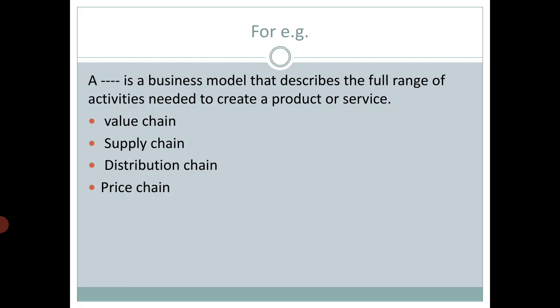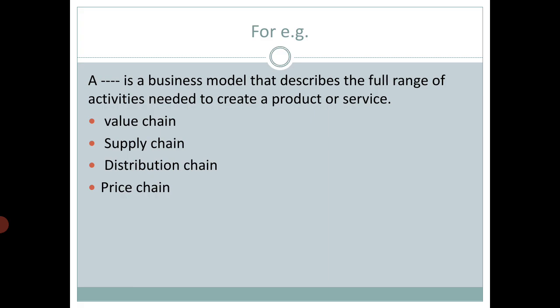For example, see, a dash is a business model that describes the full range of activities needed to create a product or service. Here 4 options are given: value chain, supply chain, distribution chain, price chain.